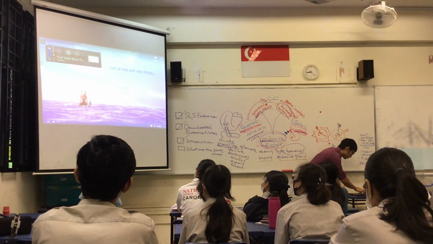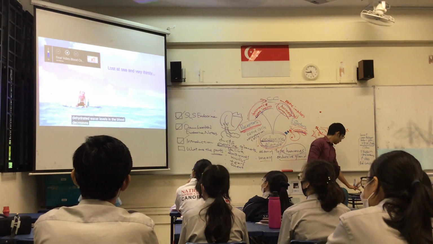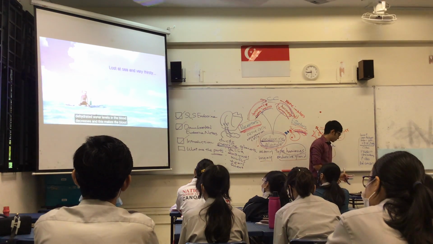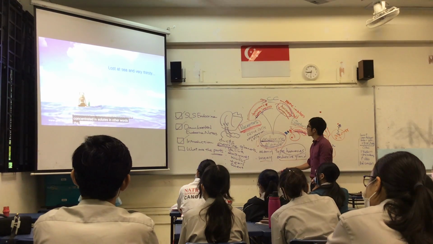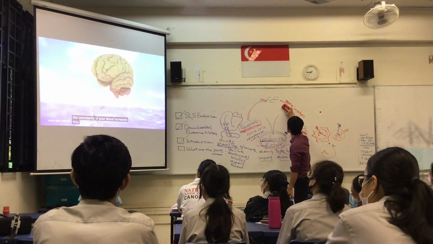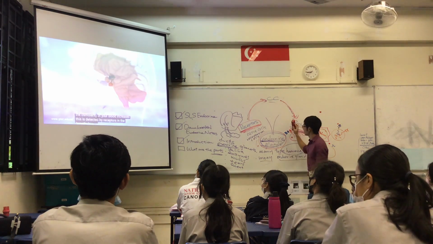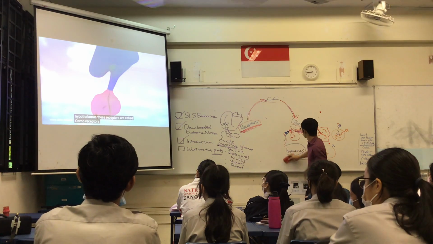Imagine you're lost at sea and really dehydrated. Water levels in the blood decreases, and this makes the blood more concentrated and solutes. In other words, the osmolarity of your blood increases. This is detected by receptors in the hypothalamus. These receptors are called osmoreceptors.